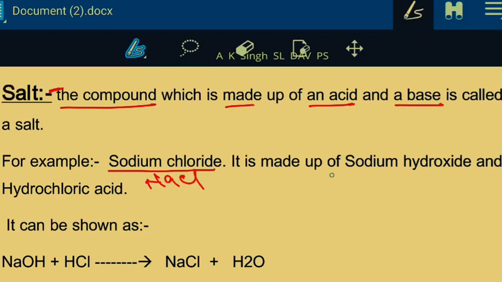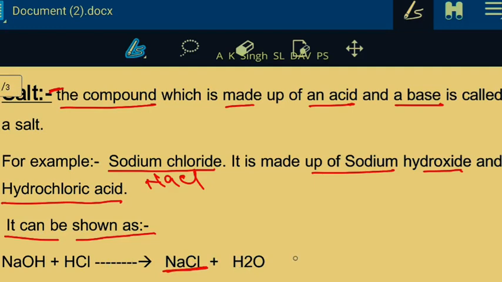It is made up of sodium hydroxide and hydrochloric acid, which can be written as NaOH plus HCl gives NaCl plus H2O. So it is water.